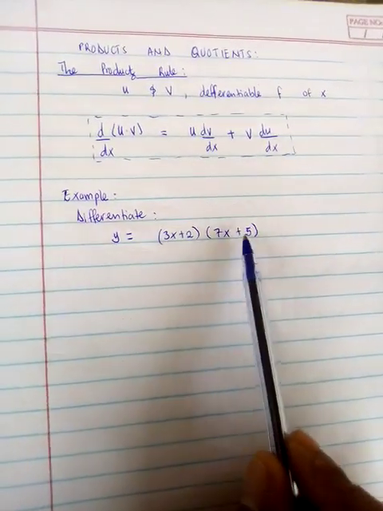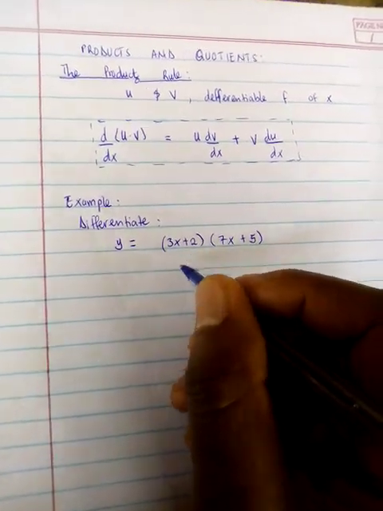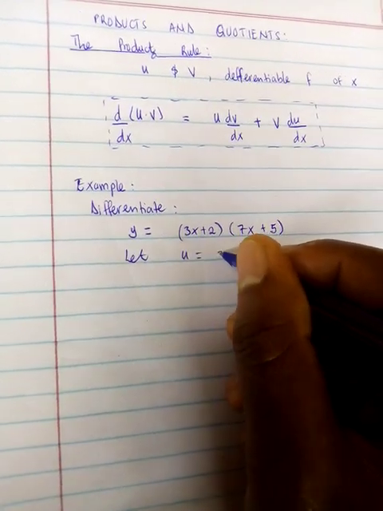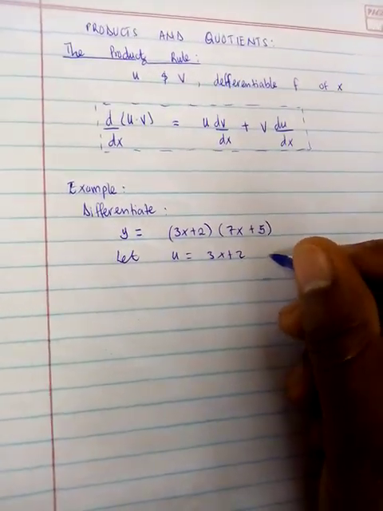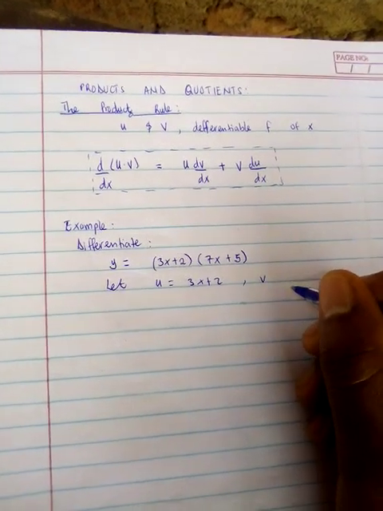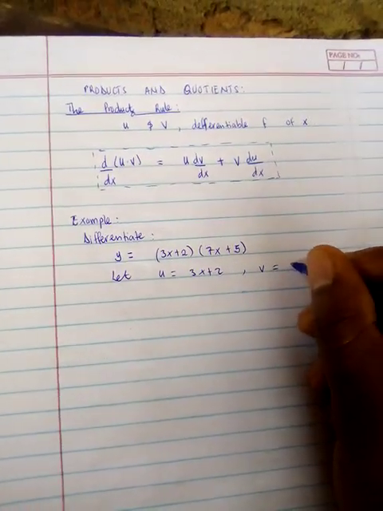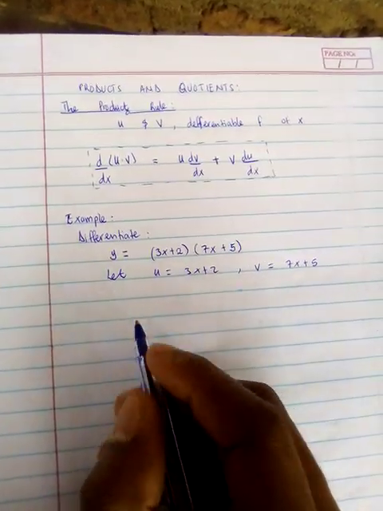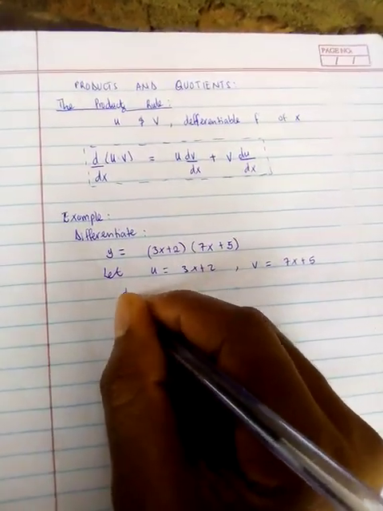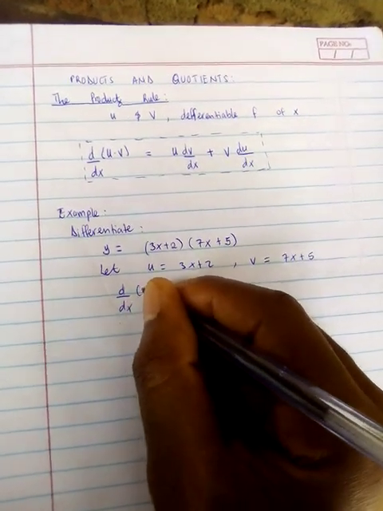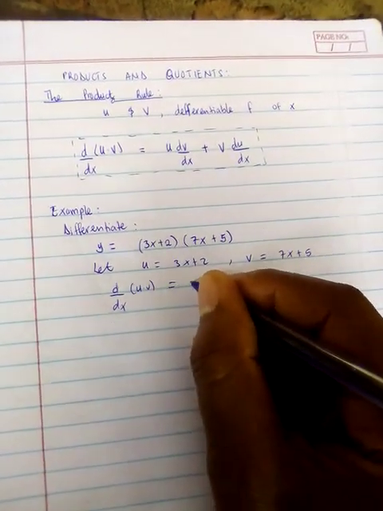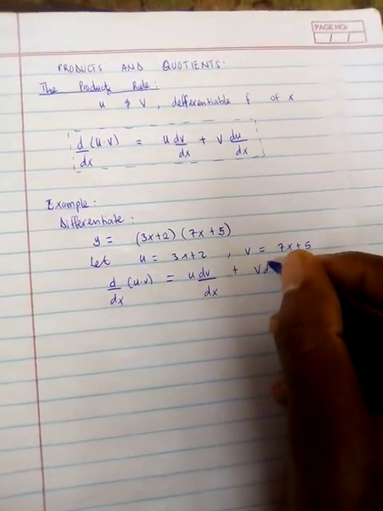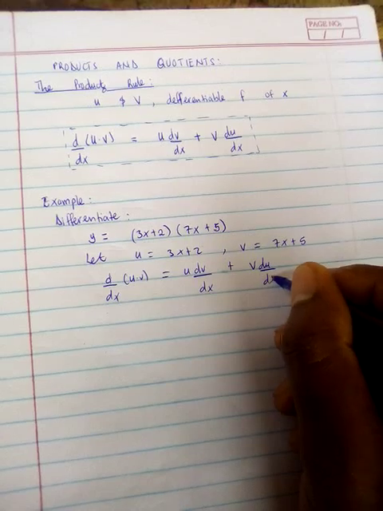Let u equal 3x plus 2 and v equal 7x plus 5, such that the derivative of u times v is u dv dx plus v du dx.